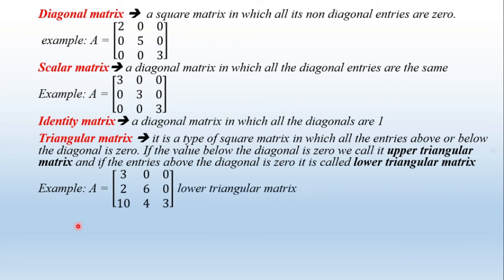Let's do an example. Look, matrix A is equal to 3 0 0 2 6 0 10 4 3. This is a lower triangular matrix because, take this as the diagonal, ከዲያጎናሉ በታች ነው ቁጥር ያለ. ከዛ በላይ ያለው ቁጥር 0 ነው. ስለዚህ triangular form ይሰራልናል ማለት ነው.